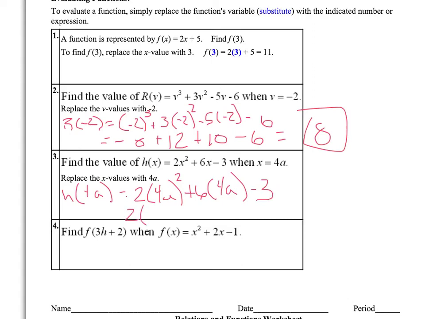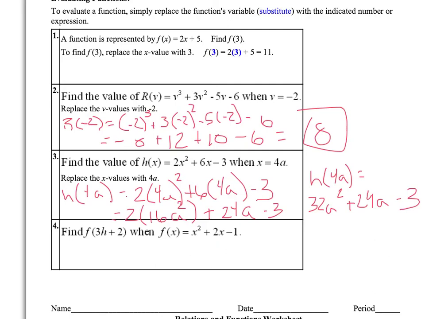When you take 4a and square it, you get 16a squared. 4a times 6 is 24a minus 3. What I am going to do at this point is say that h of 4a is equal to 2 times 16, which is 32a squared plus 24a minus 3.